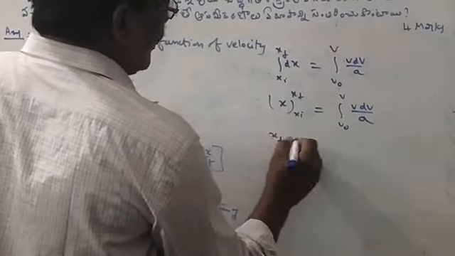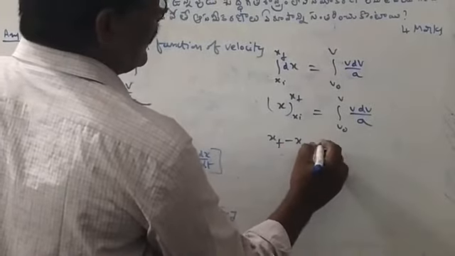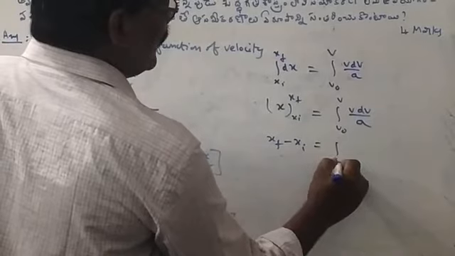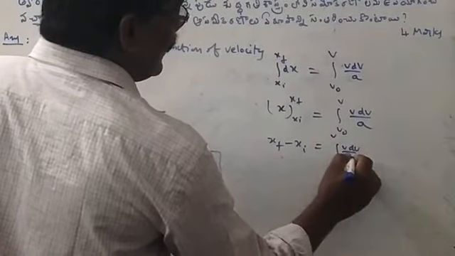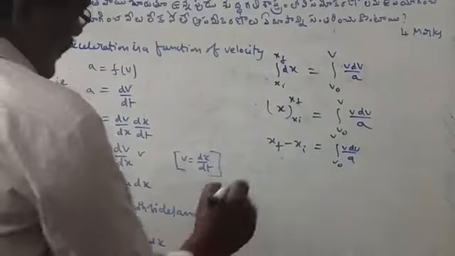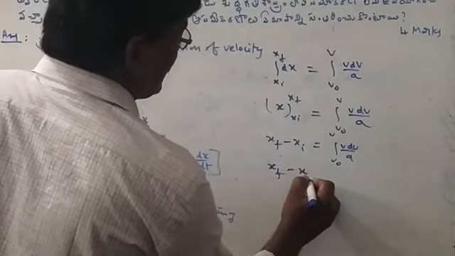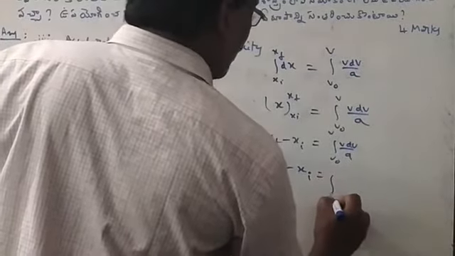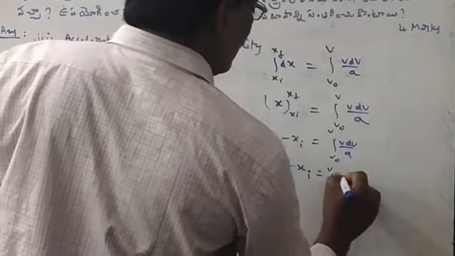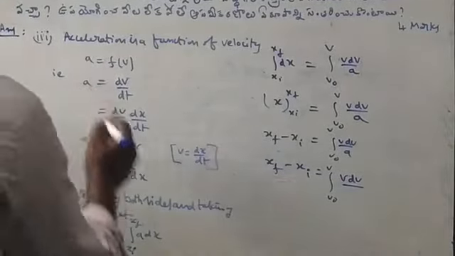Applying upper limit minus lower limit, xf minus xi is equal to integral v naught to v, v dv by a, which means a function of v.